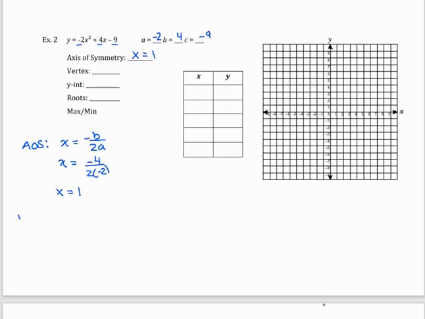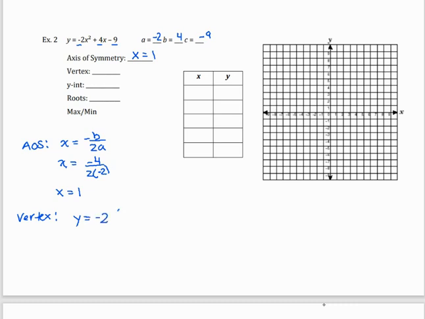Now, to find my vertex, I take that value of x equals 1 and I plug it into the original equation. So where I see an x, I'm going to put a 1, and then I'm going to simplify. So this gives me negative 2 plus 4 minus 9. Negative 2 plus 4, make sure we go in order, right?